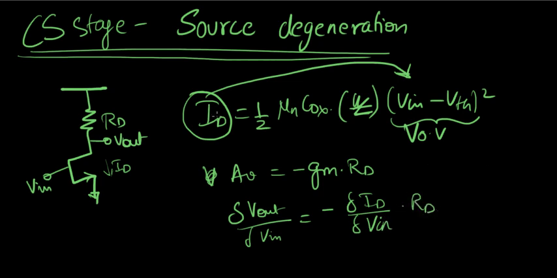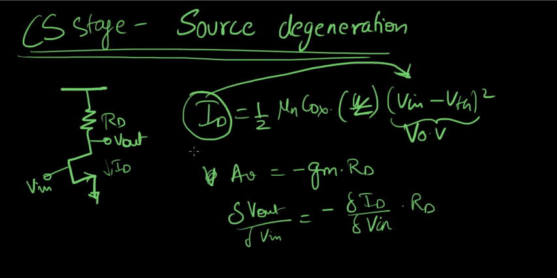So look at this: ID depends on the overdrive voltage as the square of it, which produces nonlinearity, and V out depends on ID, right? So that's where we get our nonlinearity from.